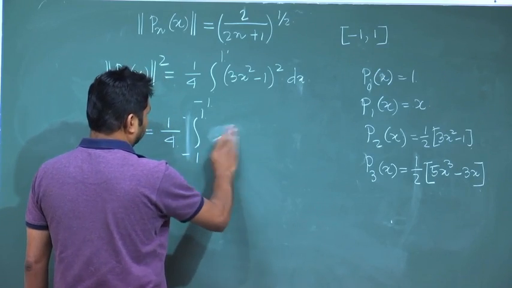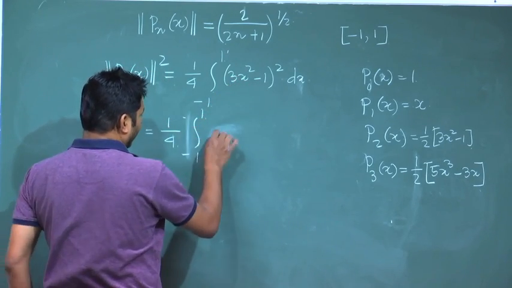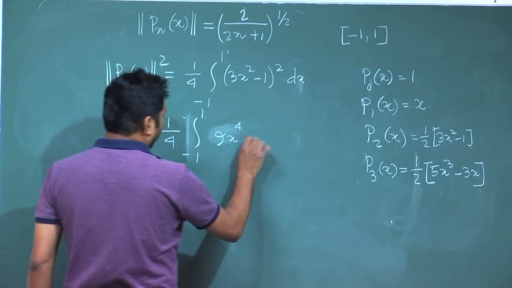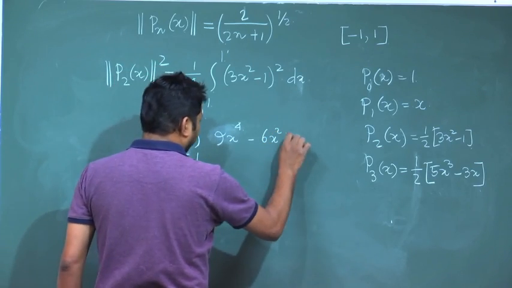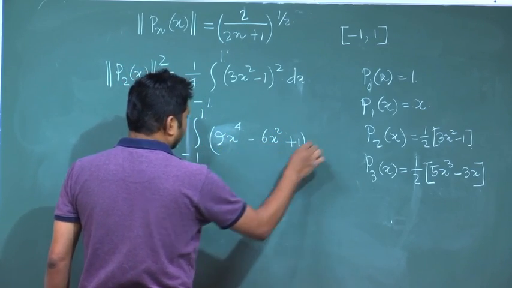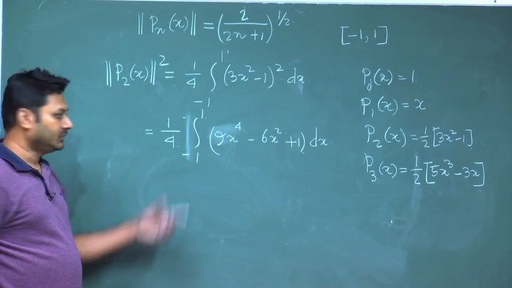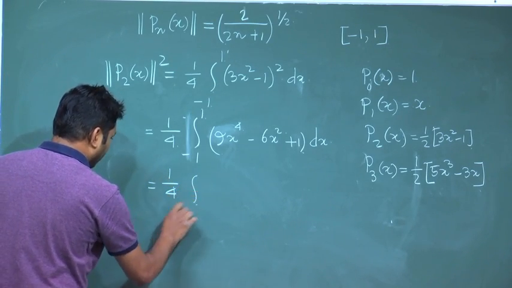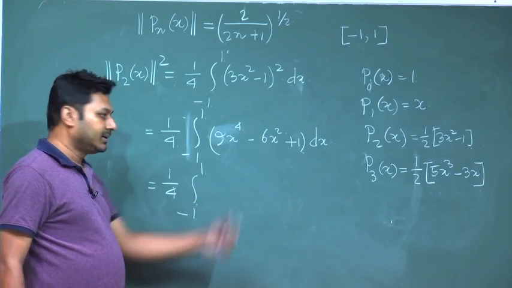Let me write it clearly. 3x square is also making a square. So, 9x to the power of 4 minus 6x square plus 1, dx over this quantity. So, 1 by 4, integral from minus 1 to 1 of this quantity.